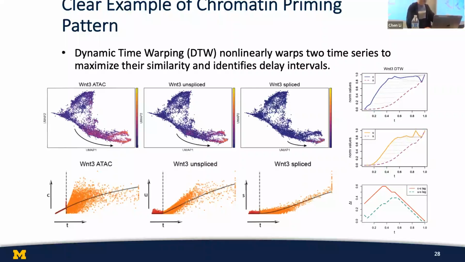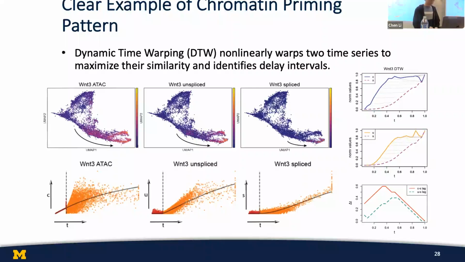If we plot the delta t between the two modalities above, the C and S lag is always above the U and S lag. That means that the chromatin and the unspliced lag is always larger than the unspliced and spliced lag.